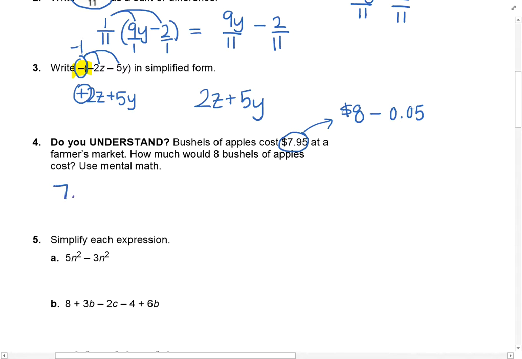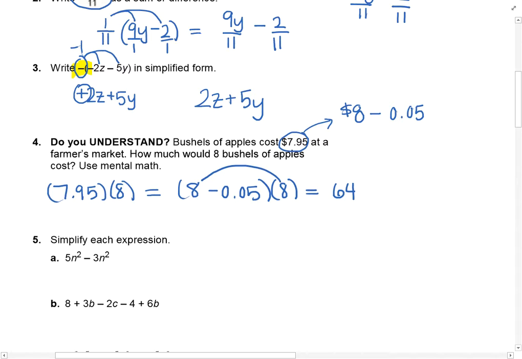instead of doing $7.95 times 8 bushels, which is a little bit harder to do, we're changing it to 8 minus 0.05 times the 8. Now we distribute. 8 times 8 is $64. 8 times 5 cents is 40 cents.